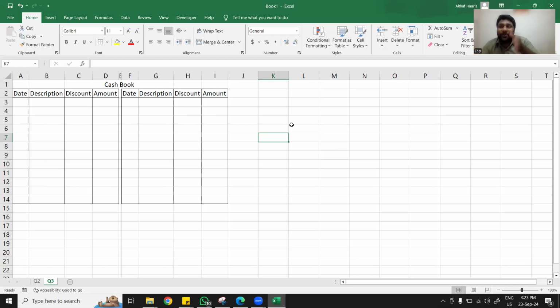Discount column in the board. If the discount is there, the discount column should be there. If the discount is not there, you can remove the discount column. Not a problem, perfectly fine.